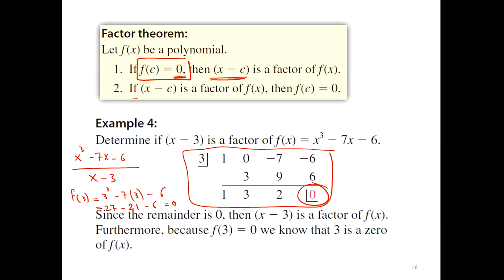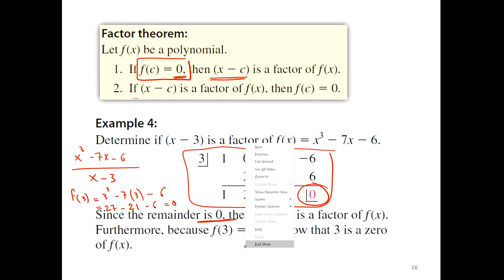If f of 3 is 0, then this is directly a factor. So since the remainder equals 0, we can conclude x minus 3 is a factor. Any question?